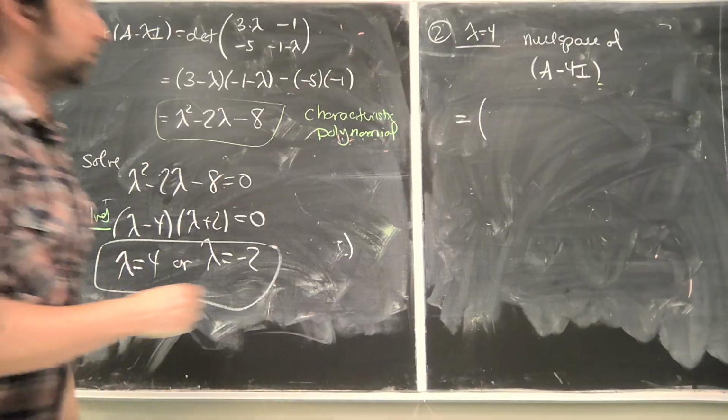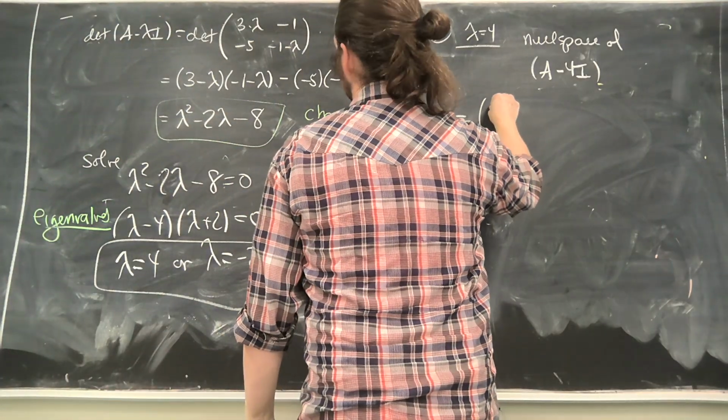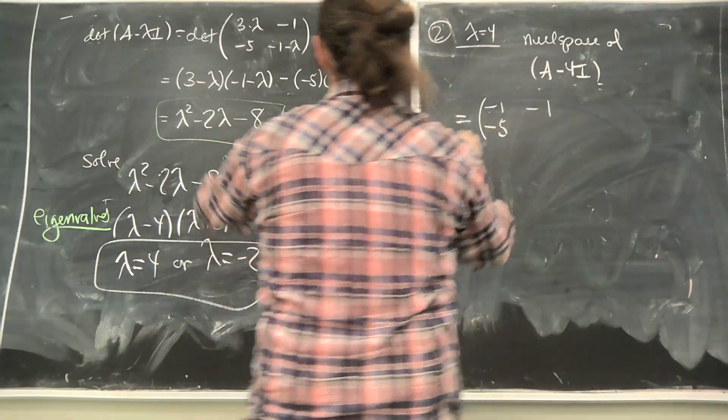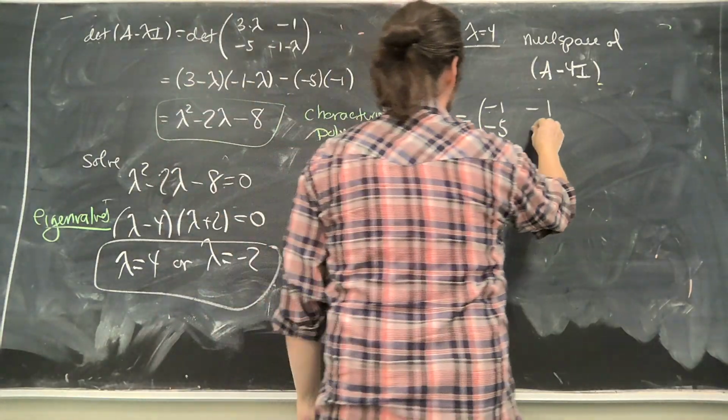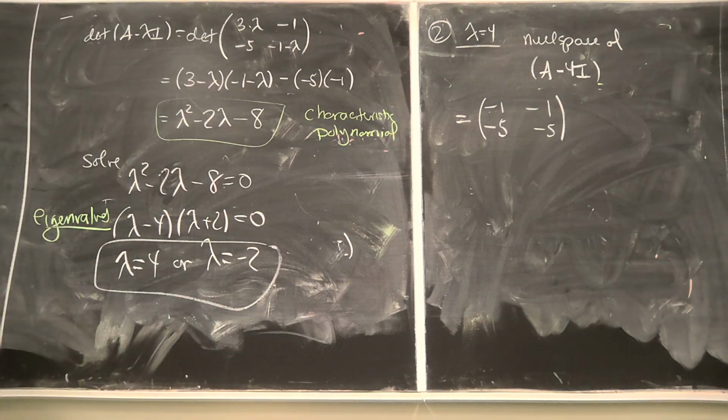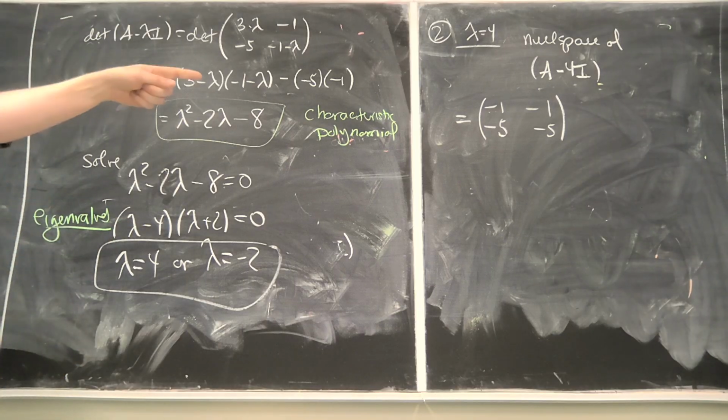So 3 minus 4 is negative 1, and then minus 1, and there's a minus 5, and then 1 minus 4 is minus 3. The fact that that thing has an obvious dependence between the columns is good. We want there to be a dependence between the columns, because otherwise there's no eigenvector. The eigenvectors are in the null space of that matrix.